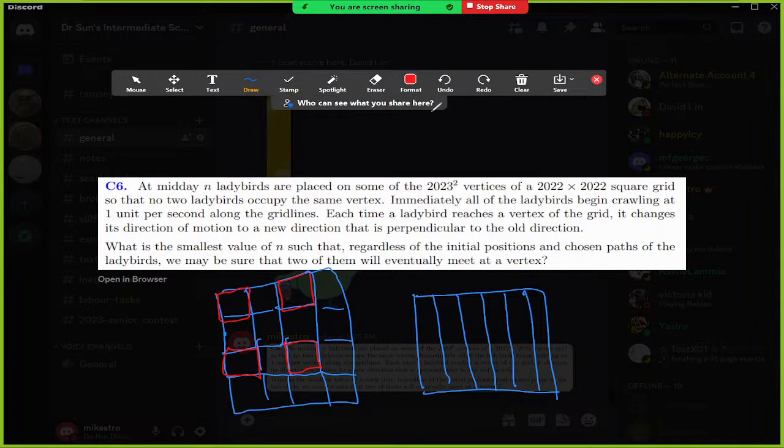So for even there's 1, 2... How many of these are there? Even it's 2 times the side length plus 1 extra. Is odd. 2n plus 1, right?